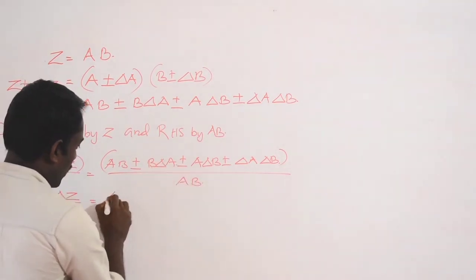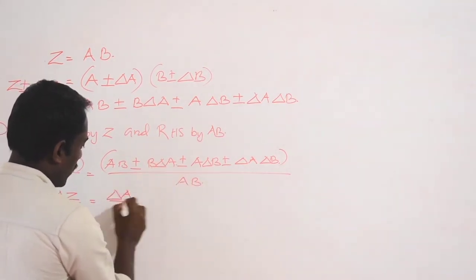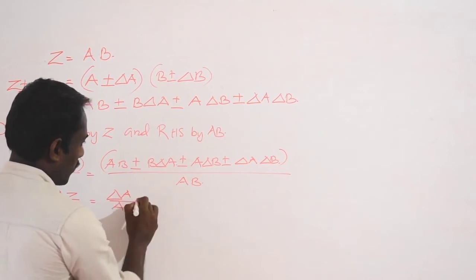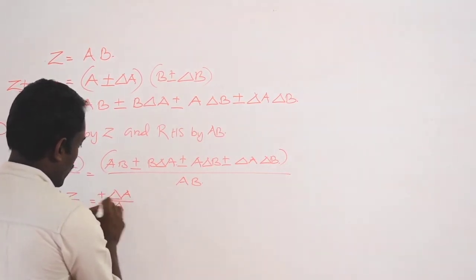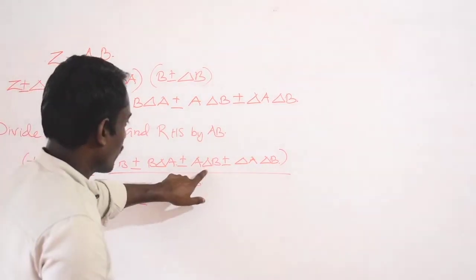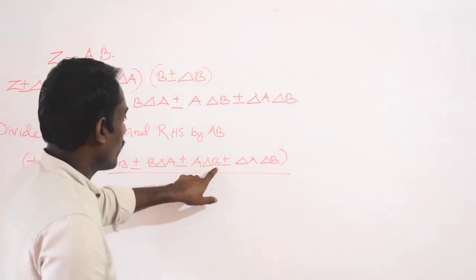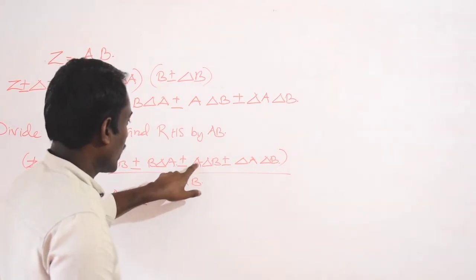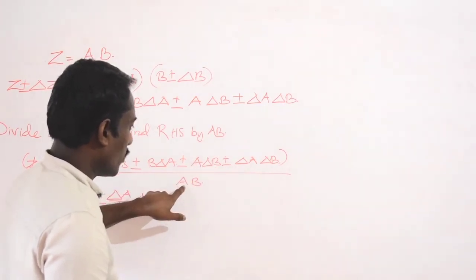Then what will remain? Delta A divided by A plus or minus, then plus or minus this term A into delta B. Here A and A will be cancelled, that will be 1.